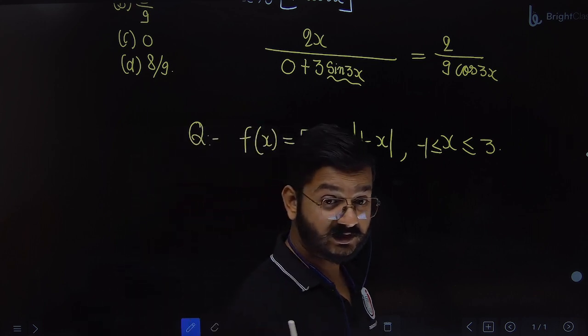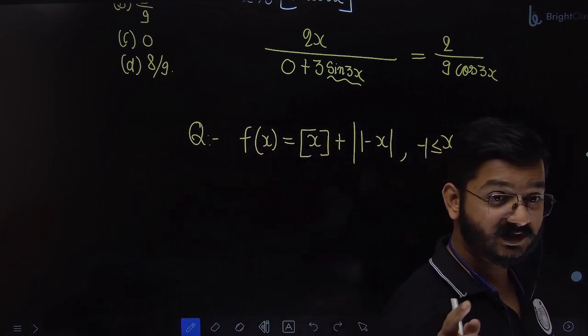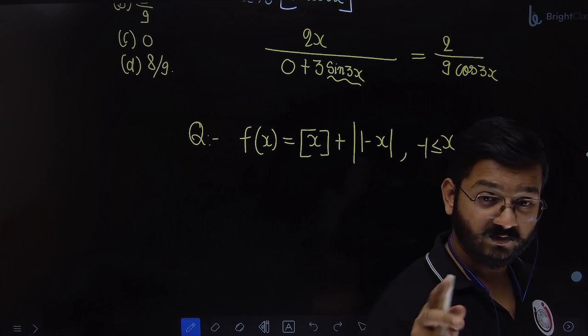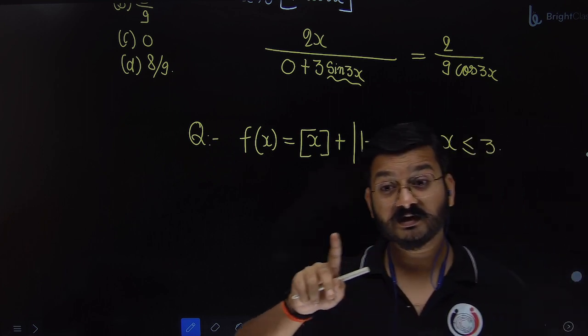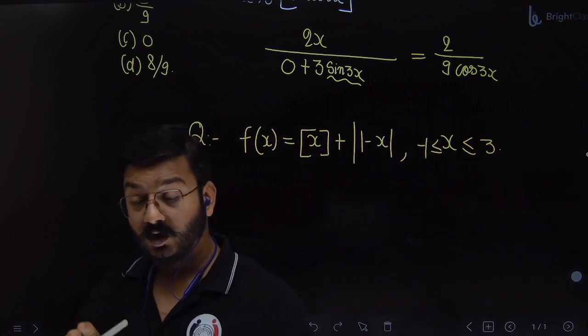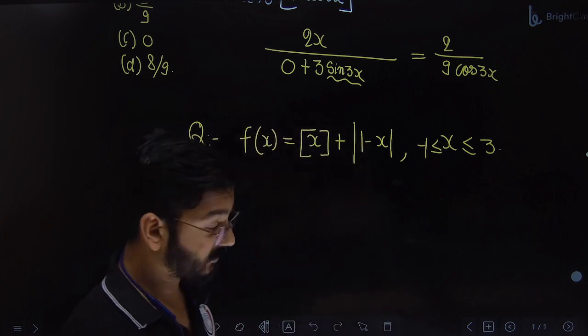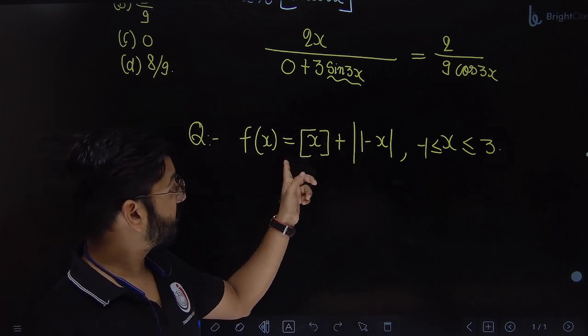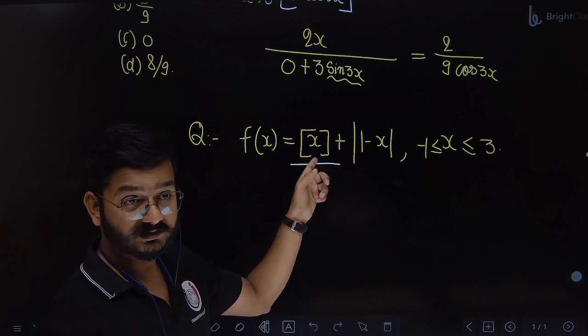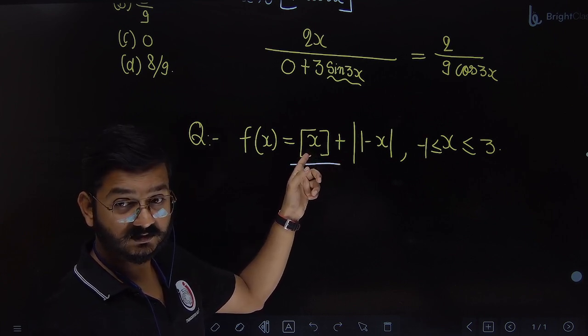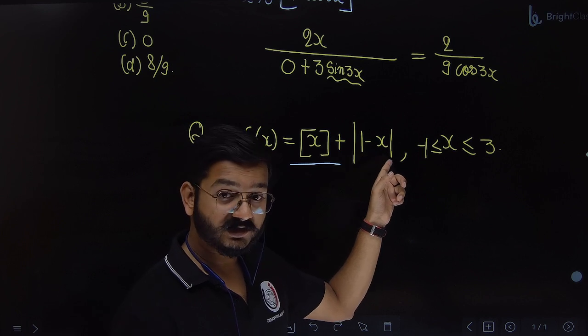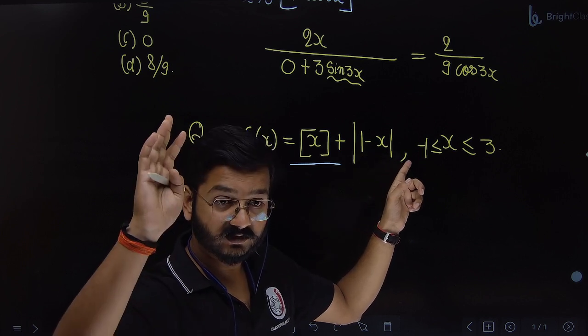But then I said that in today's class, we will discuss the combination where one function is continuous and the second is discontinuous, or both are discontinuous. So if you notice here, the greatest integer function is discontinuous at integral points.